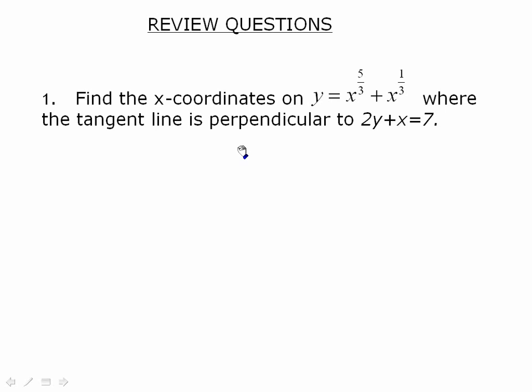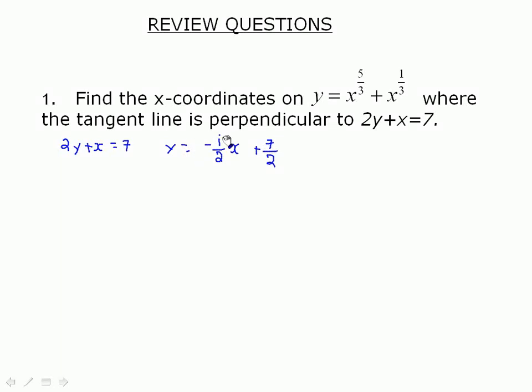But we want to find x coordinates on this function where the tangent line is perpendicular to 2y plus x equal to 7. When we take a look at 2y plus x equals 7, if you isolate the y, this would be equal to negative 1/2 x plus 7 over 2.